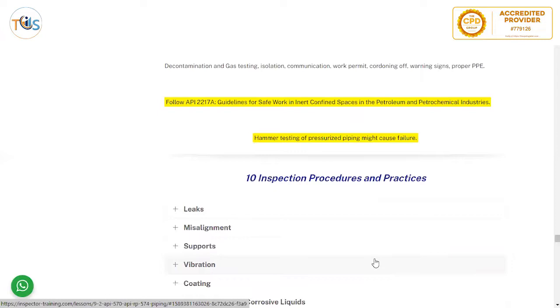Remember, anything in the API 2000 series is about safety. Hammer testing of pressurized piping might cause failure, so don't hammer test when pipes are pressurized or under pressure or working.